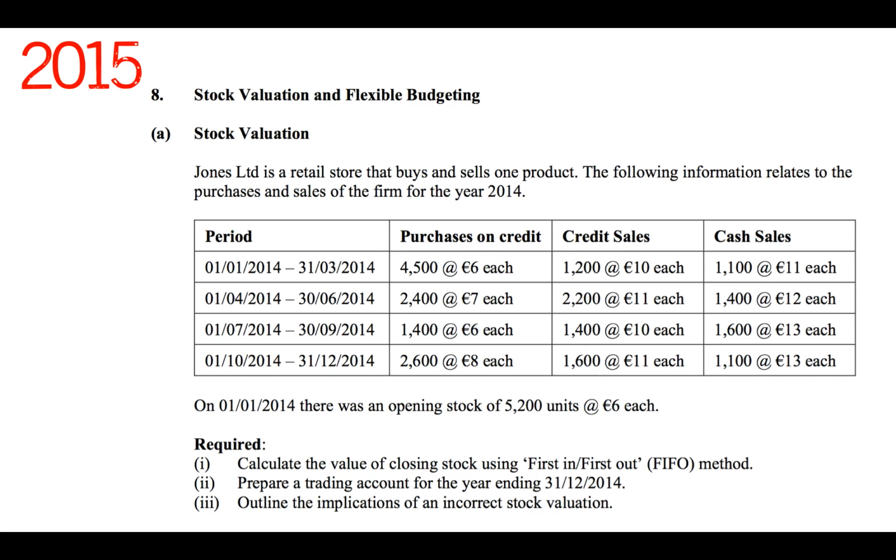The second quarter, we have 2,400 units at €7 each, and then credit sales 2,200 units at €11 each, and cash sales 1,400 at €12 each.